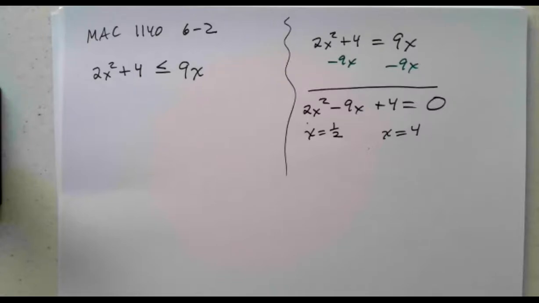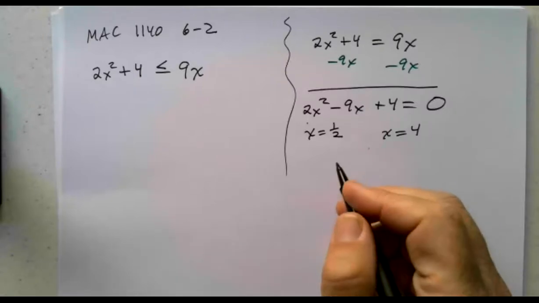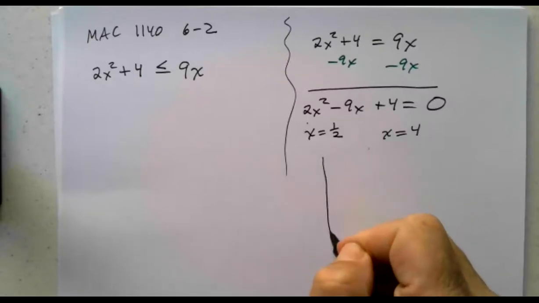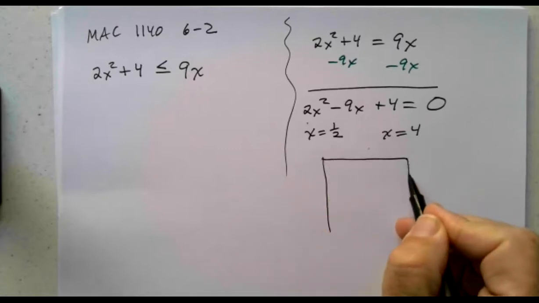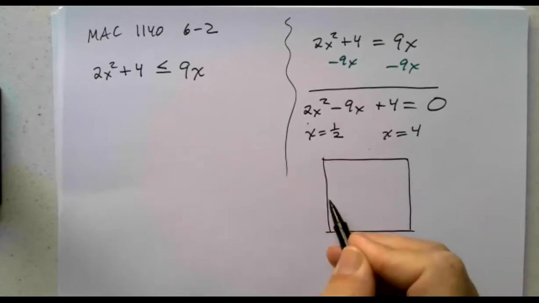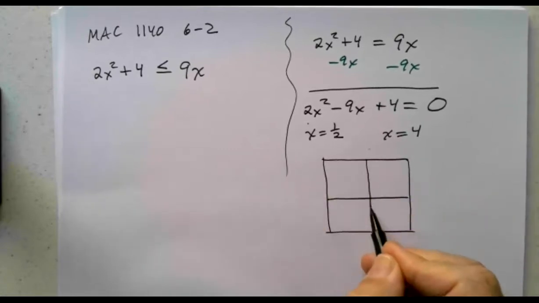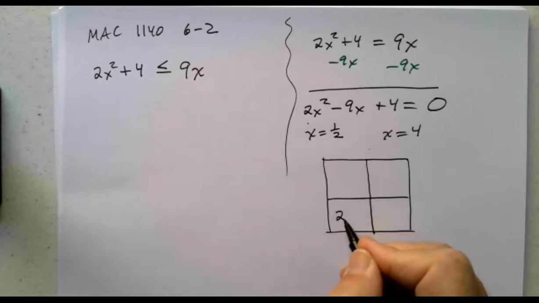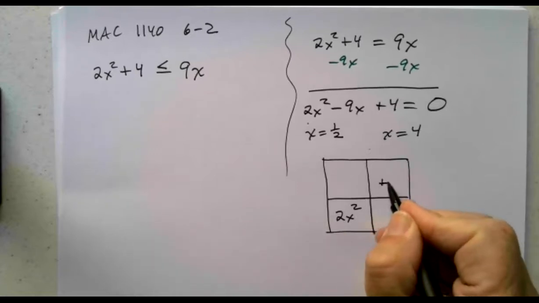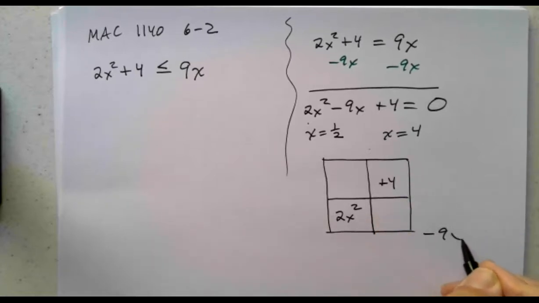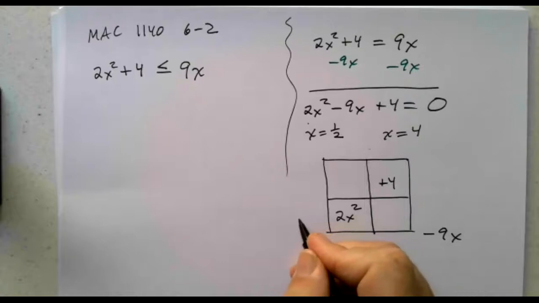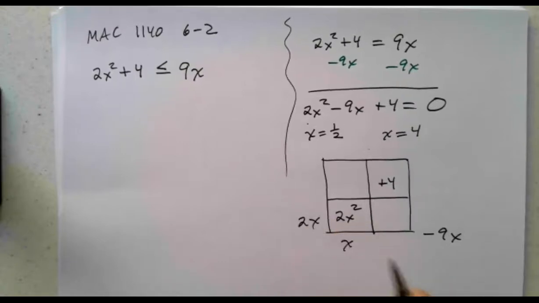I'm going to go ahead and quickly solve this the old-fashioned way, just by factoring. So I have 2x squared here, I have plus 4 here, and I have minus 9x here. 2x squared is going to have to be 2x times x. 4, 4, and 1, 2, and 2.